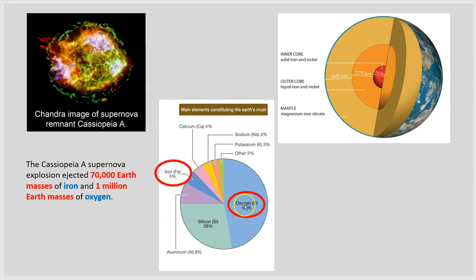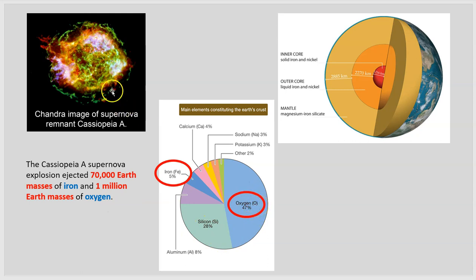Notice iron and oxygen are common elements in the Earth. Well, one supernova created enough iron to make 70,000 Earths. One supernova created enough oxygen that could be present on 1 million Earths.